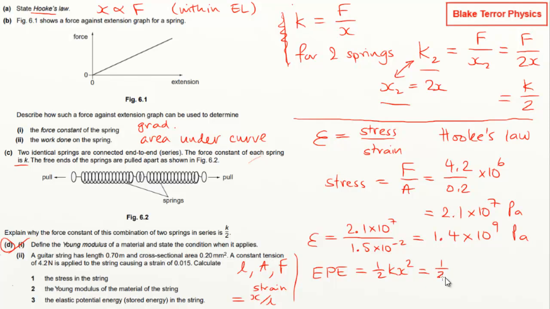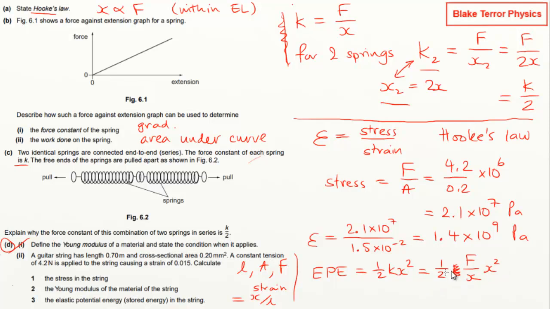So we got a half times k. Have they given us k? No, they haven't. Interesting. But k is force over extension. So, right, let's put all of that in then. So we got force over extension multiplied by extension squared.